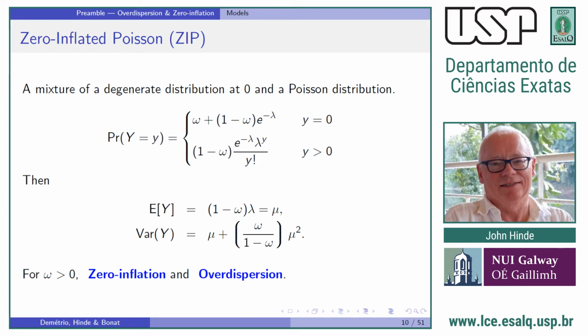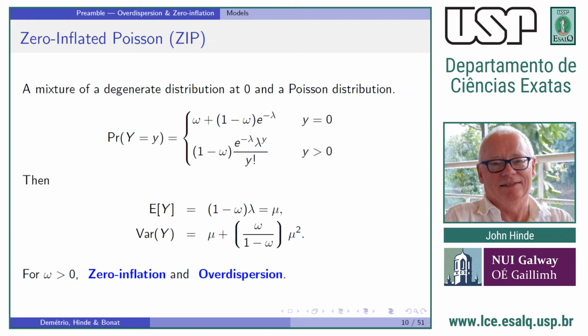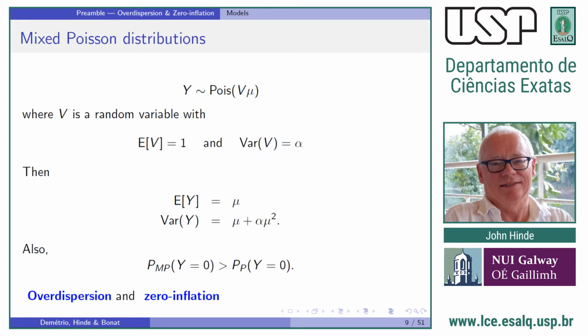So let's see what happens when we fit these. If I fit the Poisson model, I get a deviance of 348. Now, when I say the number of V parameters here, what I'm thinking about is V, that extra variability. How many parameters does it have?